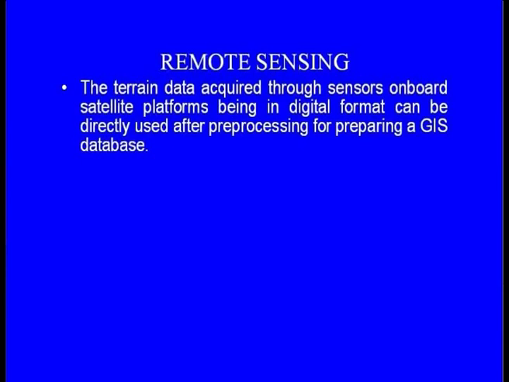So, let us look at these data sets which would be used to extract the information and store it into a GIS database. The terrain data acquired through sensors on board satellite platforms, being in digital form, can be directly used after pre-processing for preparing a GIS database.